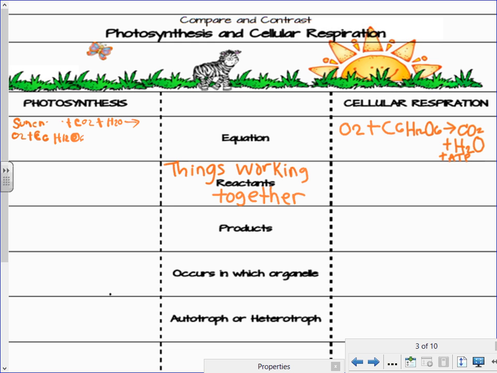So for photosynthesis, what things are working together to make something? Not so big because you've got to write more than one thing.